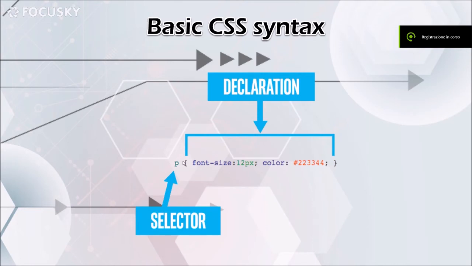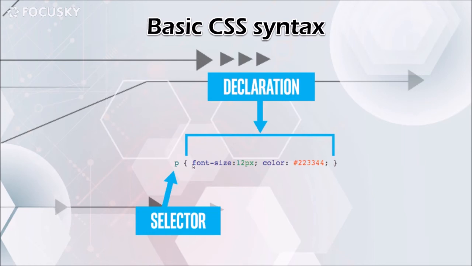Okay, let's now take a look at the components that make up a single CSS line of code, the basic CSS syntax. First and foremost, we have the selector. A selector is essentially a rule, a constraint, and every single element in your HTML page that satisfies this condition will be affected by the rules contained within the declaration curly braces.